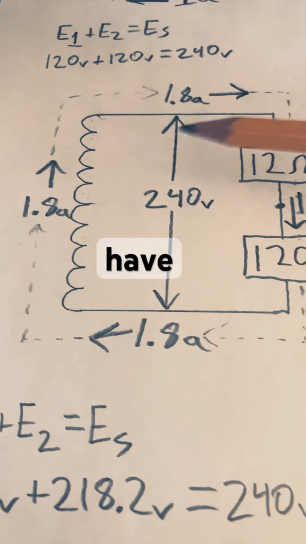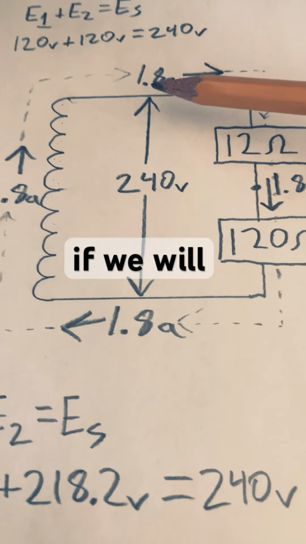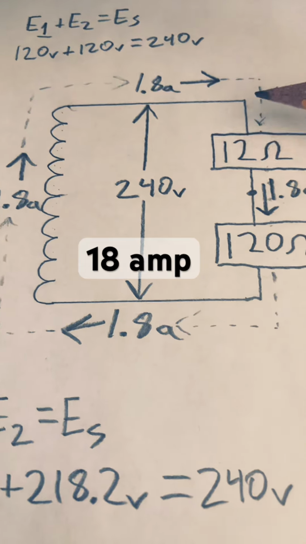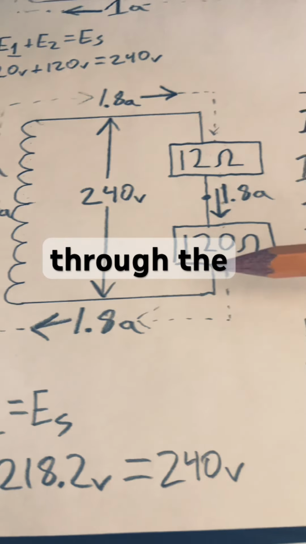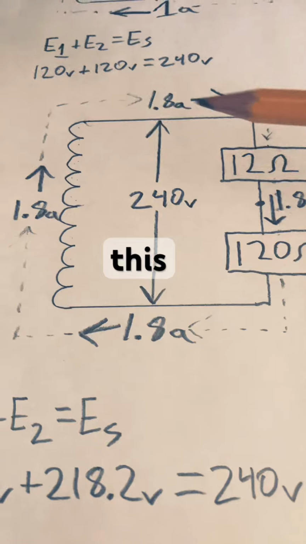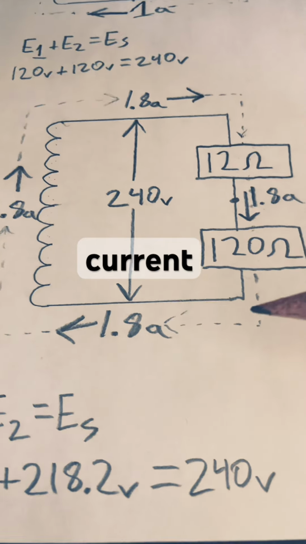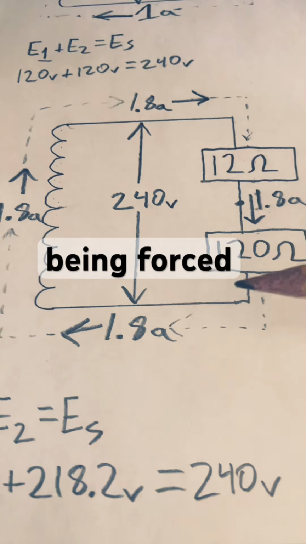So on L1, we have 1.8 amperes passing through the 12 ohm load and passing through the 120 ohm load. This 1.8 amperes is a constant current which is being forced through these loads.